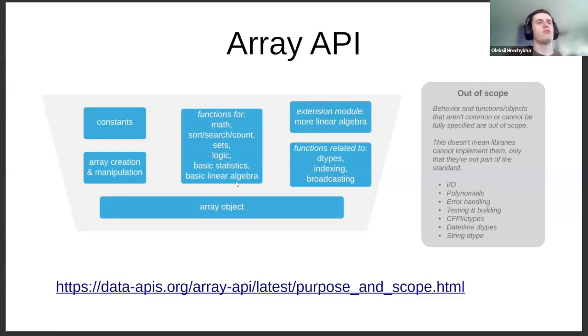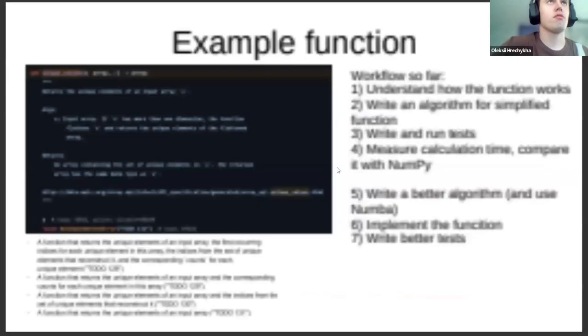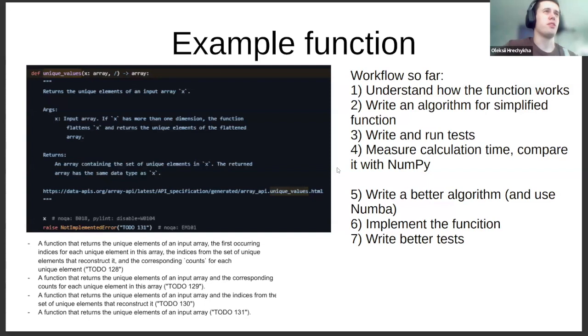So functions that do basic linear algebra, work with sets, do indexing, etc. This is what I will be doing. And currently, we can take this function as an example. This is what I work on.